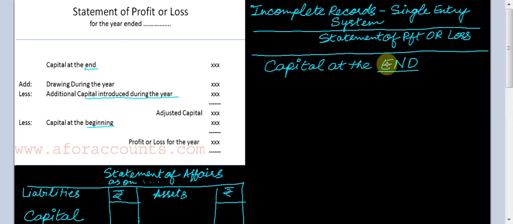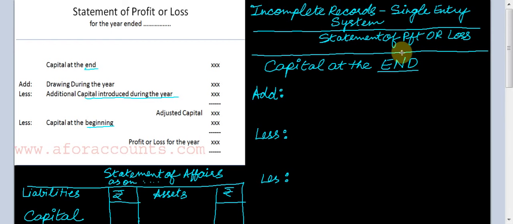Second thing you will remember is add less. So I will write here add less. Let me repeat so that you learn it right now. Statement of profit or loss, prepared to know the profit.